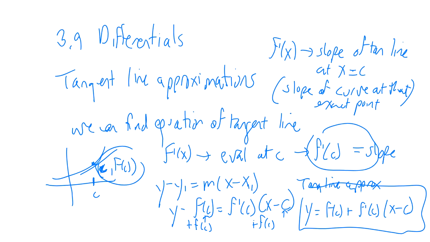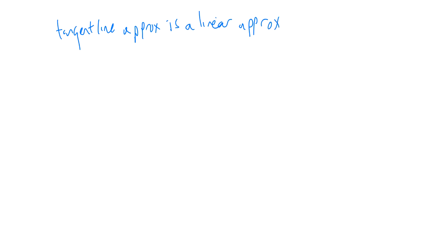Okay, let's move on to the next. Here's the first type of problem. Basically, the tangent line approximation is a linear approximation because the tangent line is a line, a linear function, and it's a linear approximation of the function at x equals c.